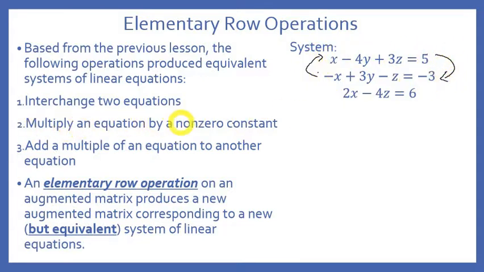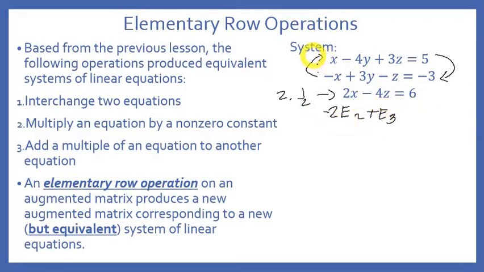We can multiply an equation by a non-zero constant, say we multiply this by 1/2 or by 2. And we can add a multiple of an equation to another equation, such as we can multiply -2 to equation 2, then add it to equation 3.